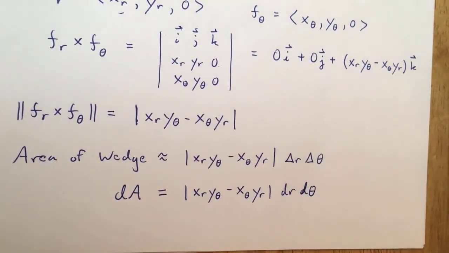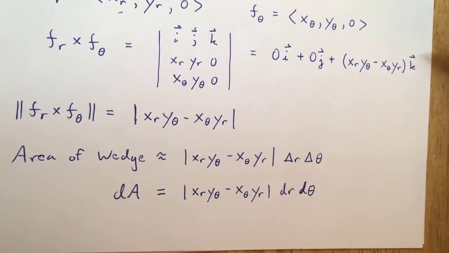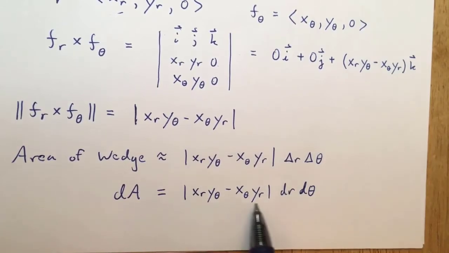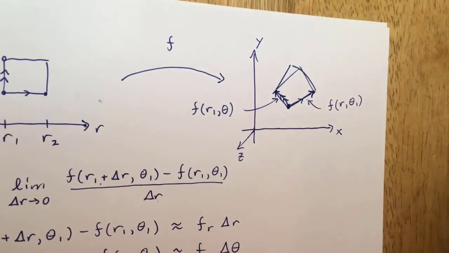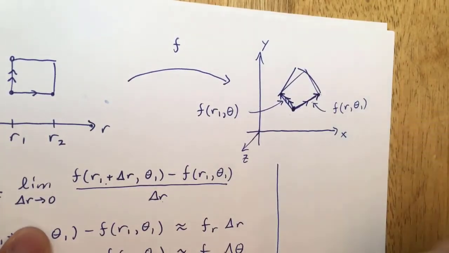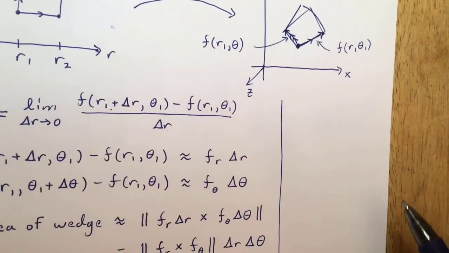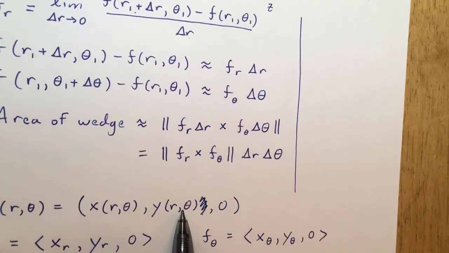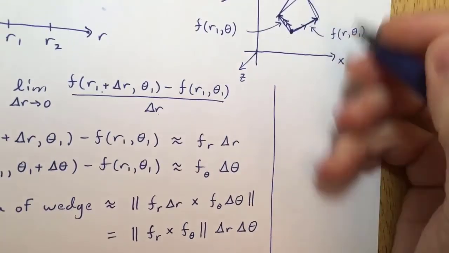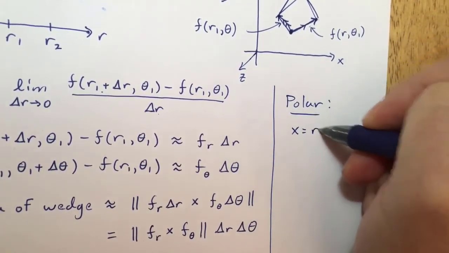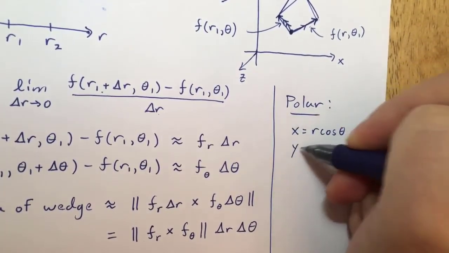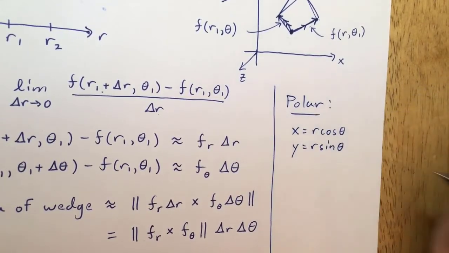Now guess what happens when you convert to polar coordinates? You might know from polar coordinates what this is going to become. Actually, let's go ahead and do that as an example. Maybe we can do it right here because we've got the picture. You know that in polar coordinates, x equals r cosine theta and y equals r sine theta.